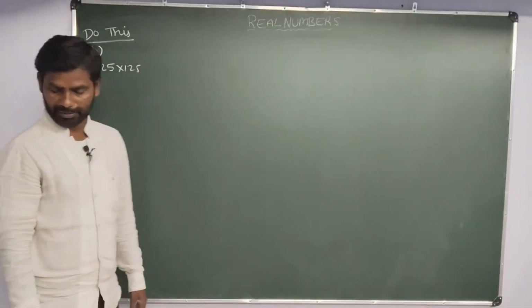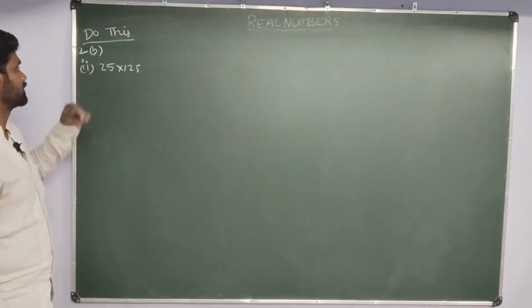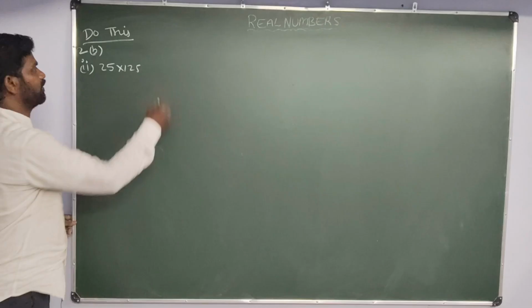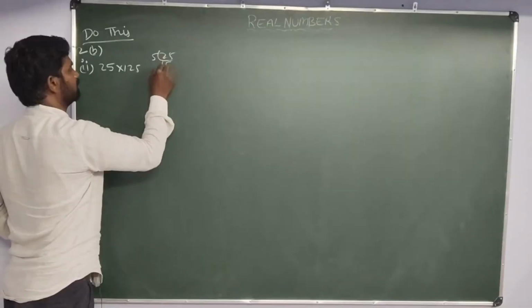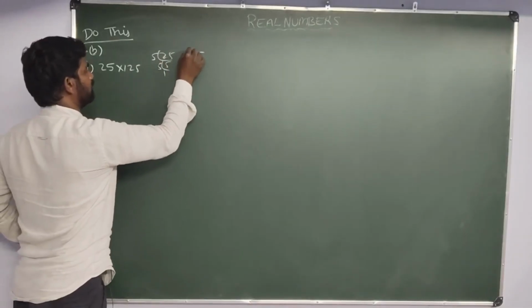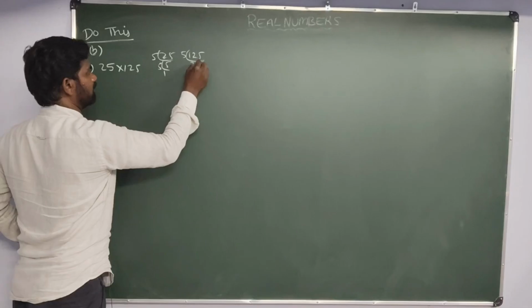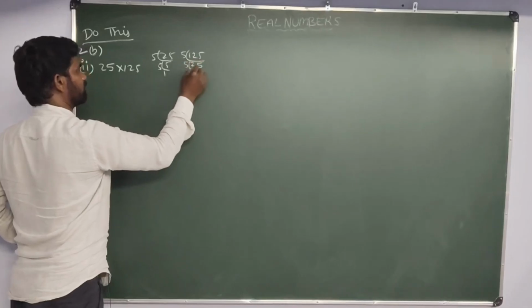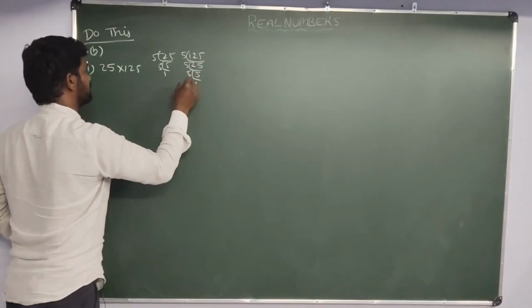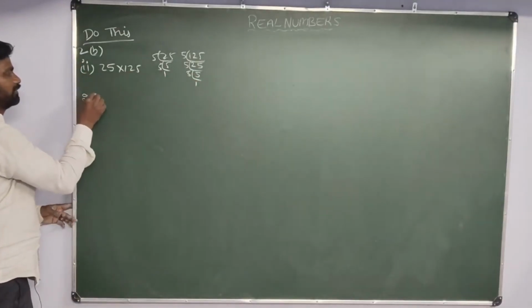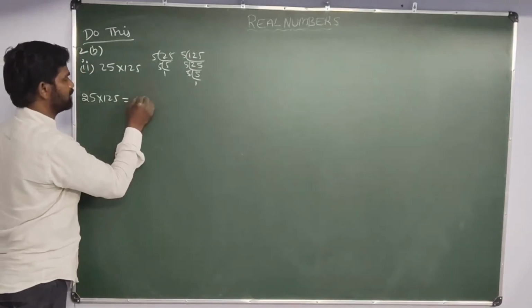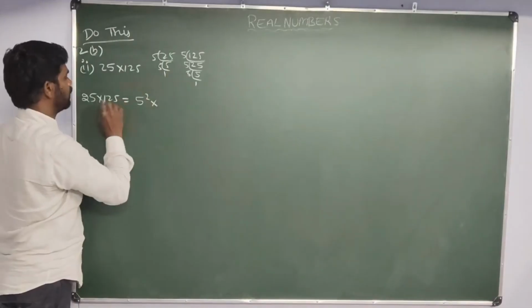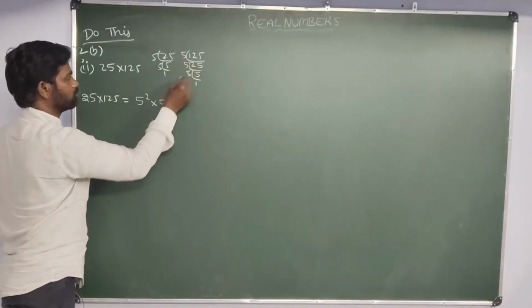Next, second bit, B bit. In that second one, 25 into 125. Prime factors of 25: 5 5s are, 5 1s are. Next 125: 5 25s, 5 5s, 5 1s. So 25 into 125, that is equal to 25 is 5 square into 125 is 5 cube.